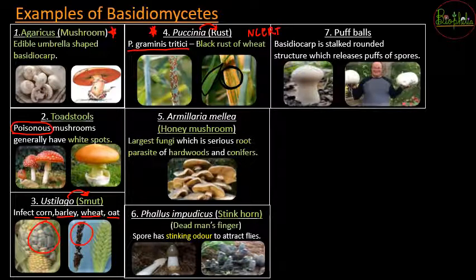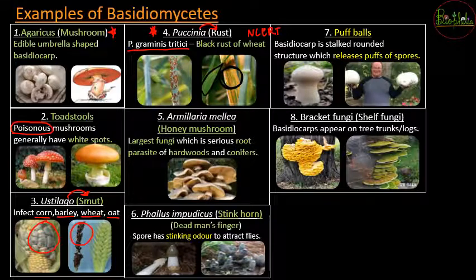And next is about puffballs. So puffballs, you can see in the photographs down here, are the puffy appearing Basidiomycetes fungi which are going to release their spores in puffs. So their name, the puffballs.